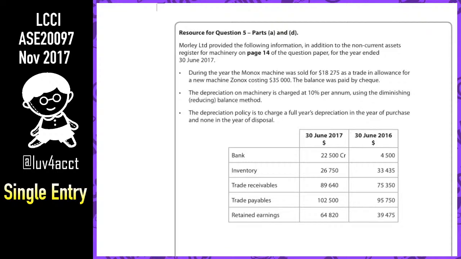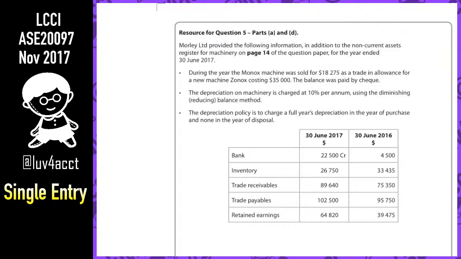During the year, Monox machine was sold for 18275 as a trade-in allowance for a new machine, Sonox, costing 35,000. The balance was paid by check. Depreciation on machinery is charged at 10% diminishing balance method. Full year depreciation is charged in the year of purchase, none in the year of disposal.